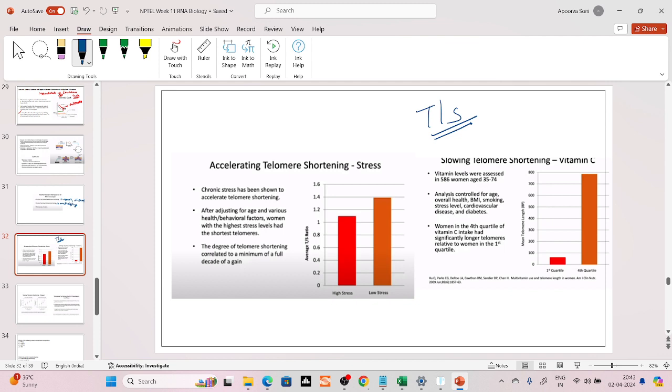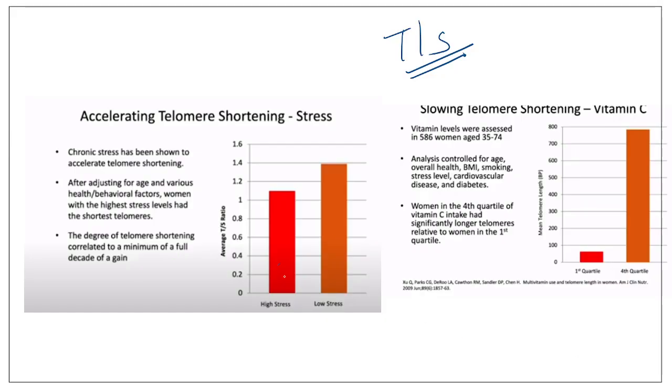So, you can see this is high stress and this is low stress. People suffering from high stress have a reduced T by S ratio in comparison to people who have had low stress. So you see, stress is the cause of so many problems in today's life, and telomere shortening is one such problem. And how can you slow down telomere shortening? By taking vitamin C. Vitamin C has antioxidants, and these antioxidants are stress busters.